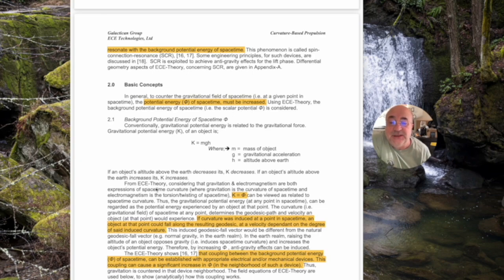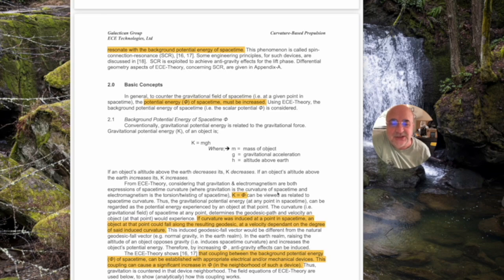He says that from ECE theory, considering that gravitation and electromagnetism are both expressions of space-time curvature. Again, he's pulling this out of thin air, I guess, but it's not conclusive in any way that that's true.